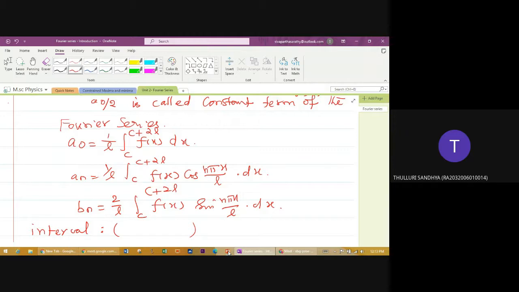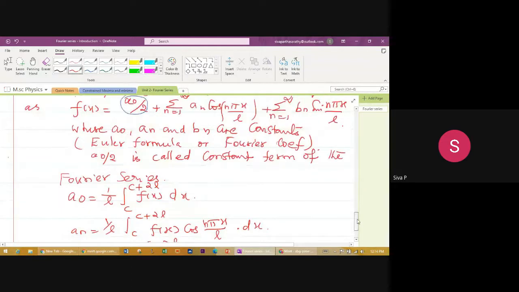Pavan Kumar. Pavan. Varsha? Anybody is there? Yes, sir. What is the interval? C to C plus 2L. C plus 2L is the interval. Is anybody writing or not?